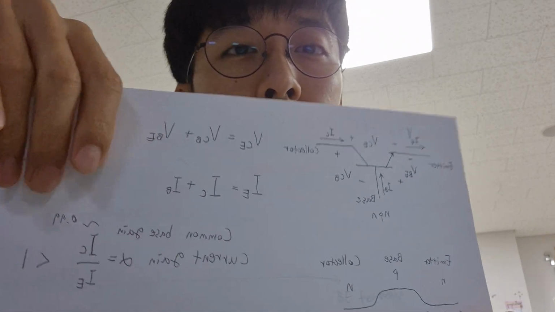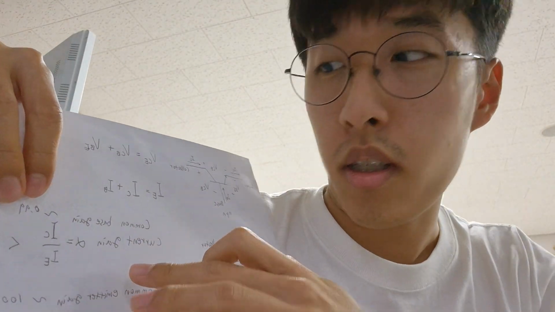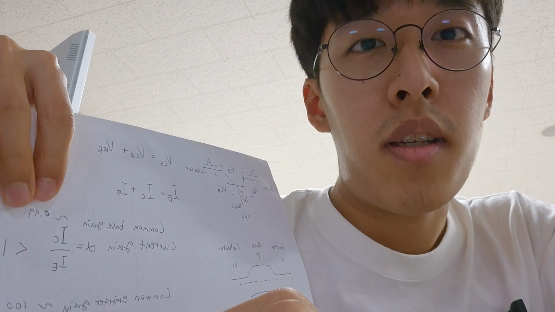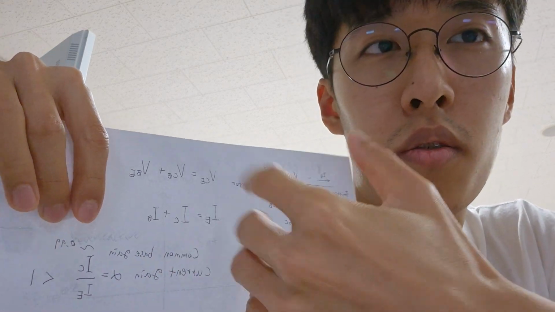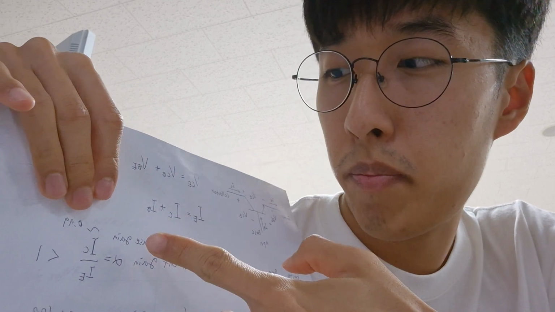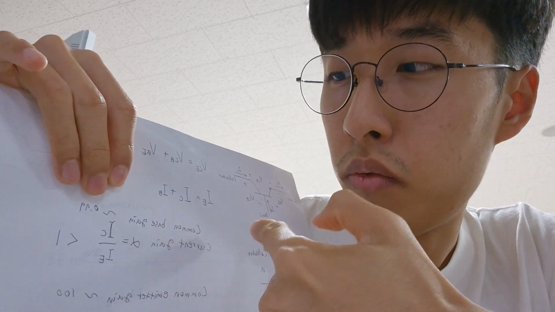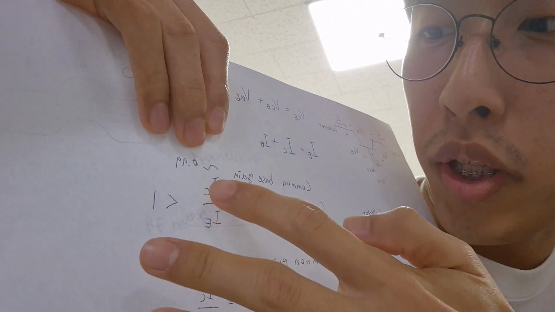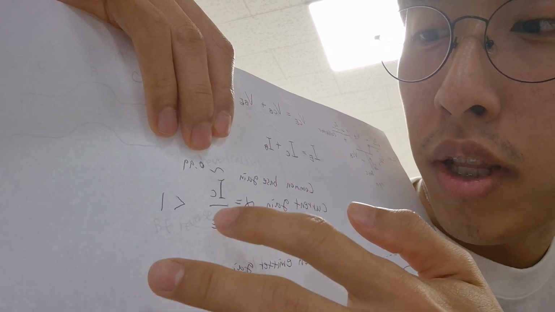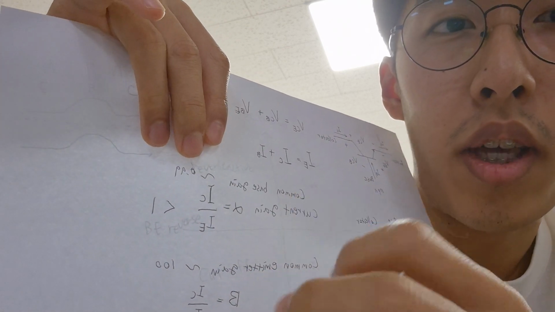And we can also see the common base gain. Common means grounding something, so the base is grounded, and we can see the relationship between the collector and emitter currents.